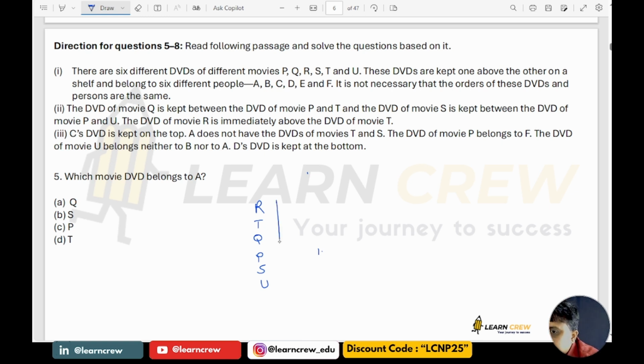Now C's DVD is kept on the top. So now if you see, we have arranged the DVDs. Now we have to arrange the people.